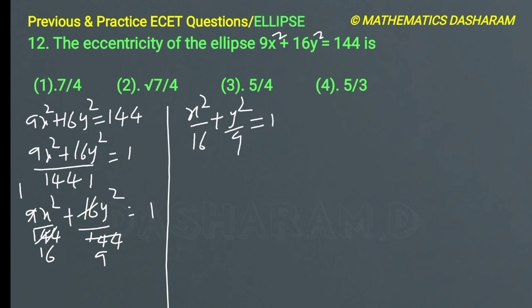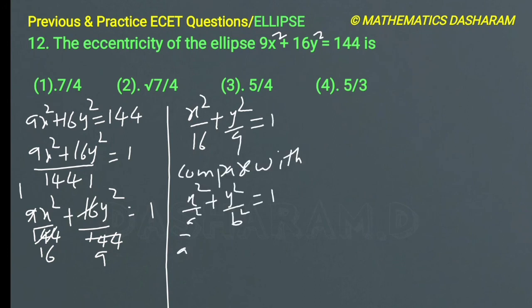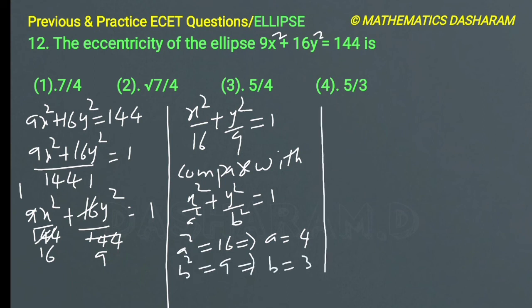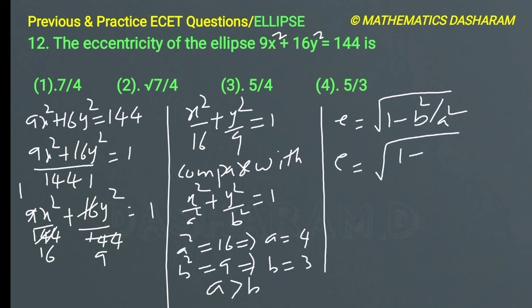Now compare with the standard form. So here a square equals 16, then a equals 4, b square equals 9, then b equals 3. So then the eccentricity e equals, the formula is, here a is greater than b, so the formula is under root 1 minus b square divided by a square. e equals under root 1 minus b square value 9 and a square value 16.